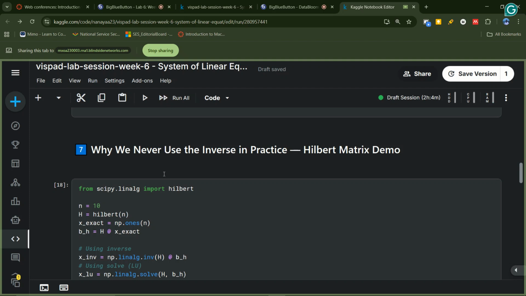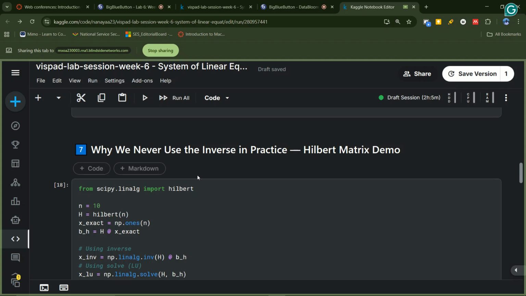Now we move on to the next concept. It says why we never use inverse in practice: Hilbert's matrix demo. This is a mathematician's demonstration. There's always a proof for everything. They are just trying to let you know why you should never attempt using the inverse, even though in the previous cell we used the inverse to find our unknowns.